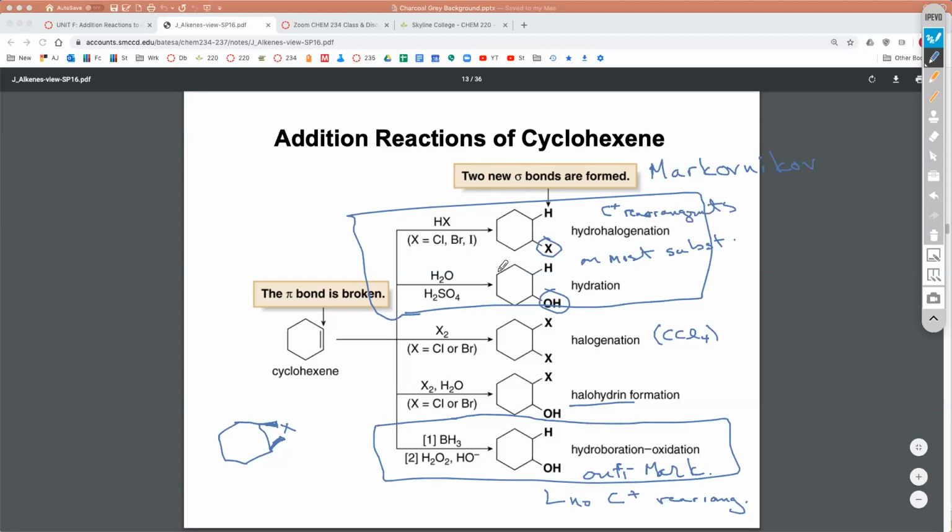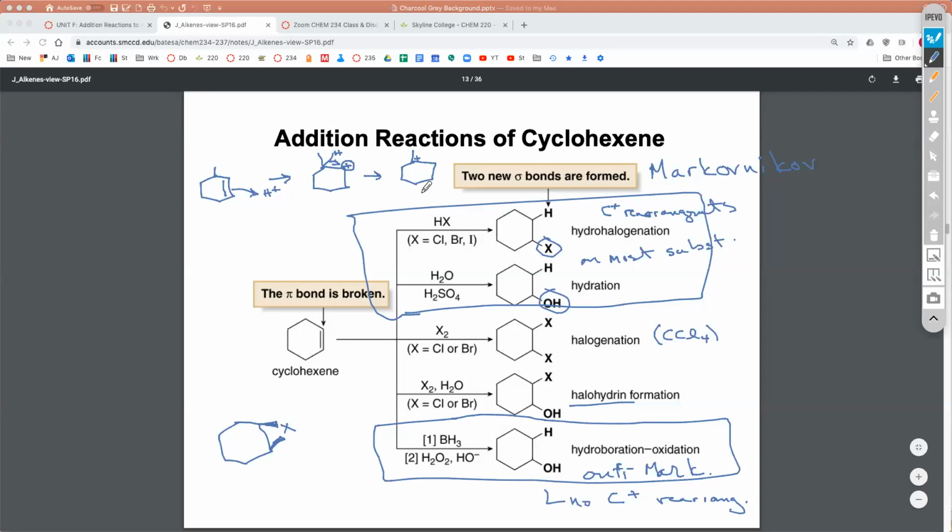So for instance, if we were doing an addition reaction to something like this, and we formed this carbocation, then the hydrogen here would move over, that's supposed to be a hydrogen, to give us this. So this is related to what we talked about with carbocations with E1.